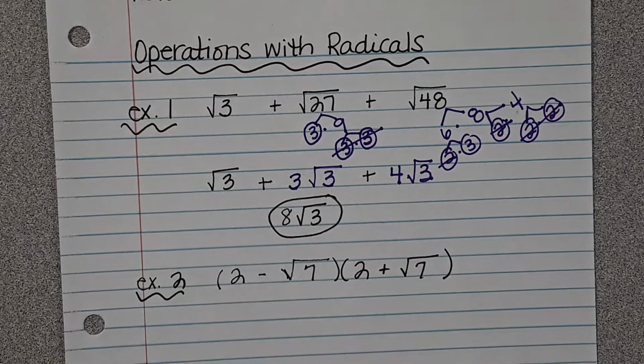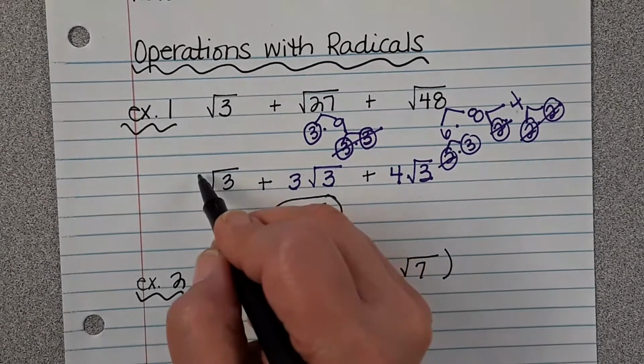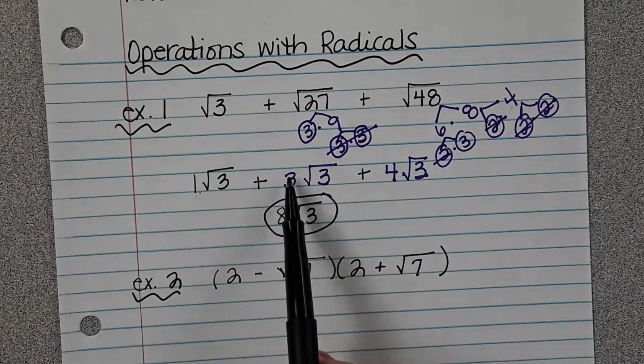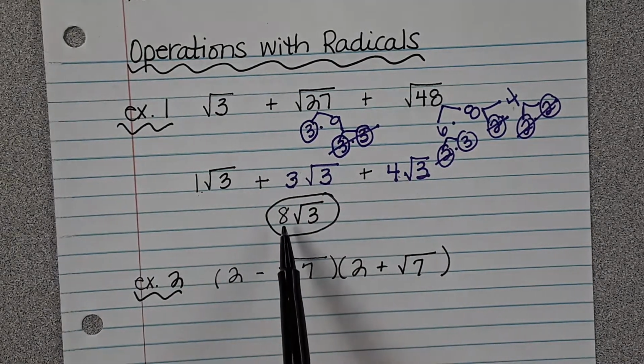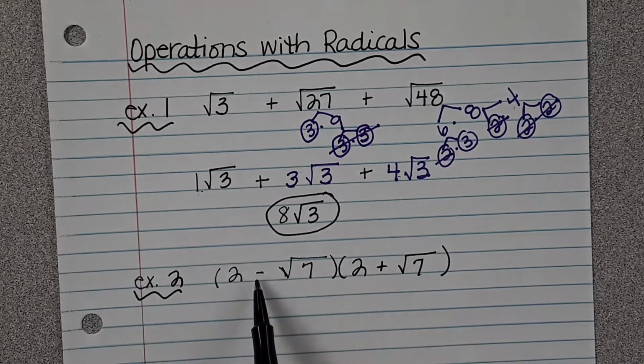We're going to go back to example 1, because in front of this there is a 1. 1 plus 3 is 4. 4 plus 4 is 8. So that 1, you don't ever see that 1, but it's there. Did that answer your question? Okay, so one is negative and one is positive, so we're back to example 2.